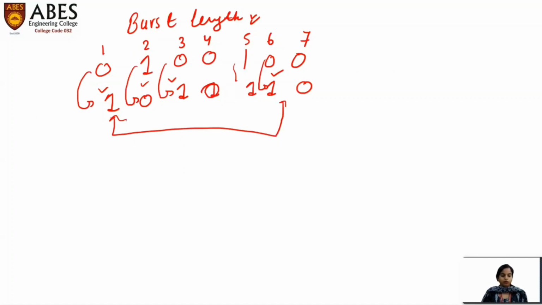Now moving forward, the question arises: which error has higher chances, burst error or single bit error? I'll explain with a simple example.